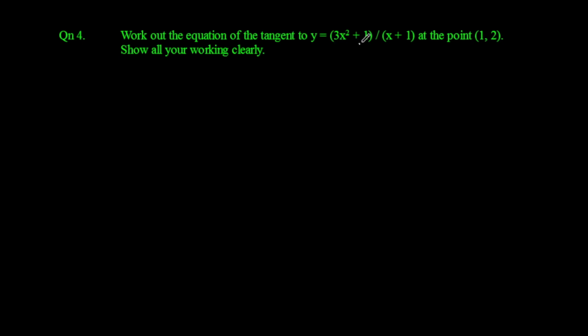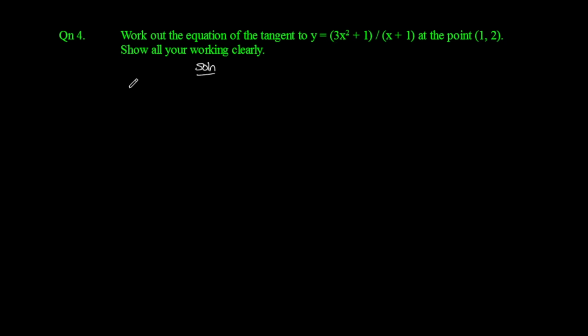At the same point the gradient of the curve is equal to the gradient of the tangent, and then we take this point as one of the points lying on the same line, that is the tangent, and then we get the equation of that tangent. The minimum requirement for getting the equation of a straight line is one point and its gradient. So since the gradient of the tangent is equal to the gradient of the curve at this point, we can first go ahead and differentiate this function.